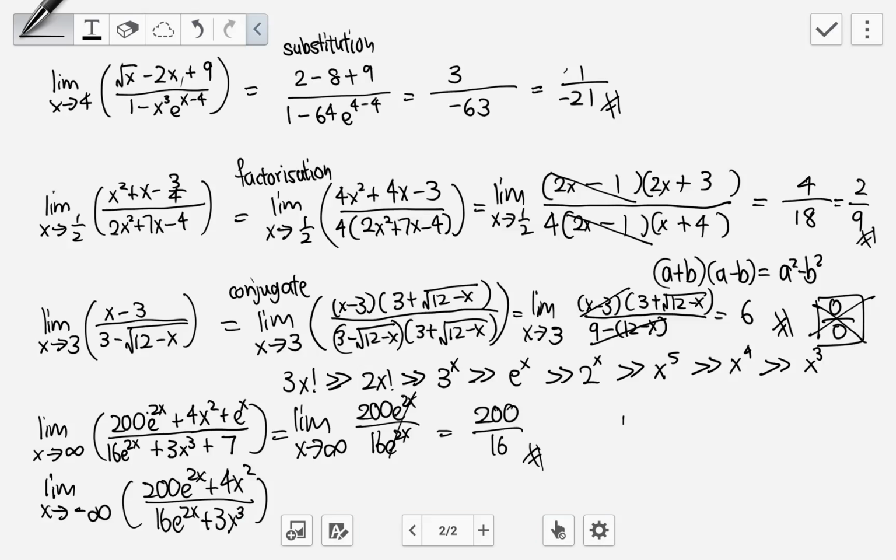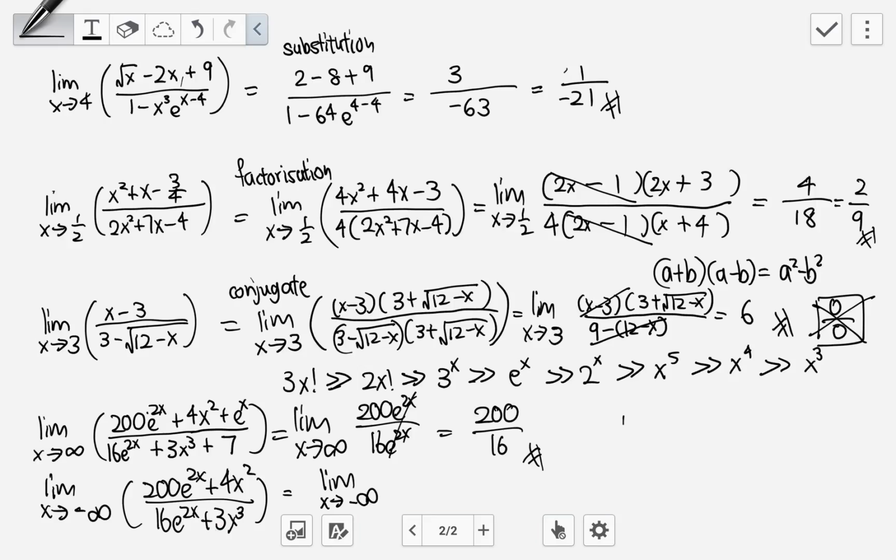What if that's the case? Note e to negative infinity changes the game, because this is just 0, since e to the power of negative infinity is close to 0. So this term goes to 0 and this term goes to 0. So the exponential terms go to 0, and rather these two terms become more important.